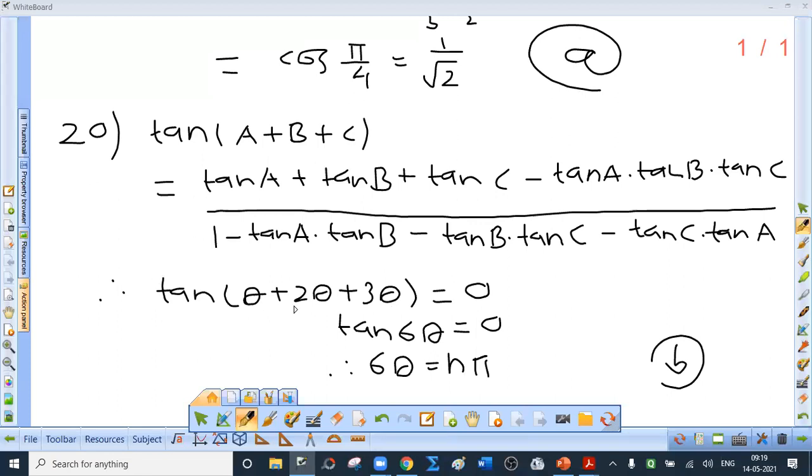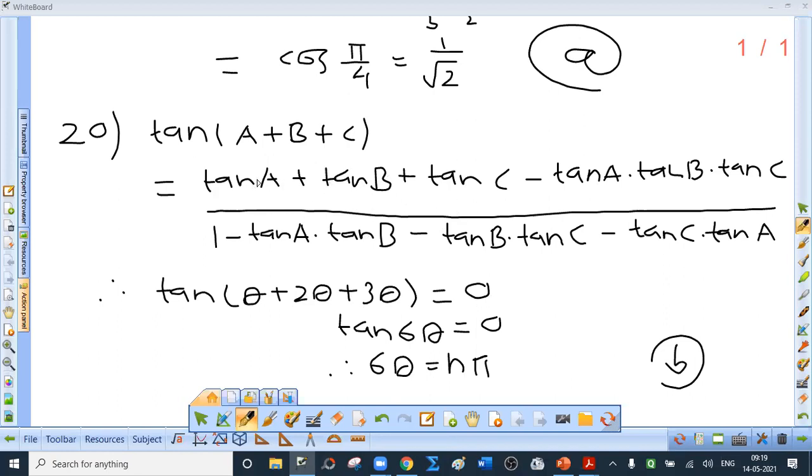Note that the numerator becomes 0, 0 upon non-zero, and that is why tan of theta plus 2 theta plus 3 theta becomes 0. I hope you are getting this.